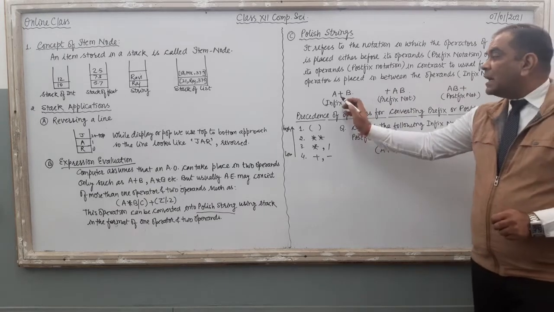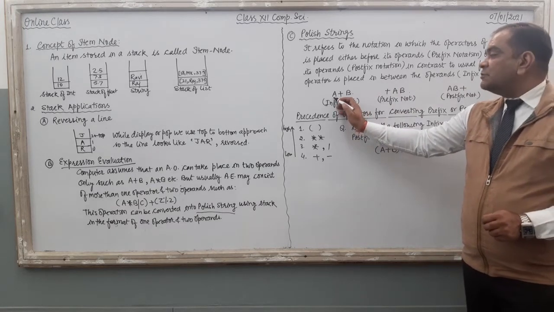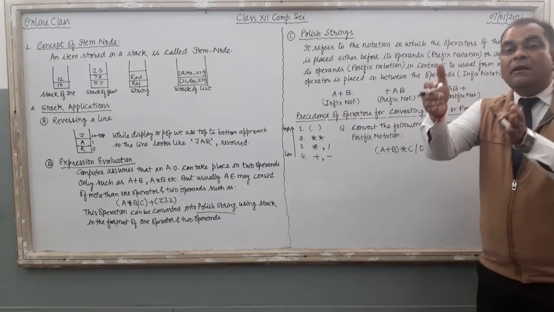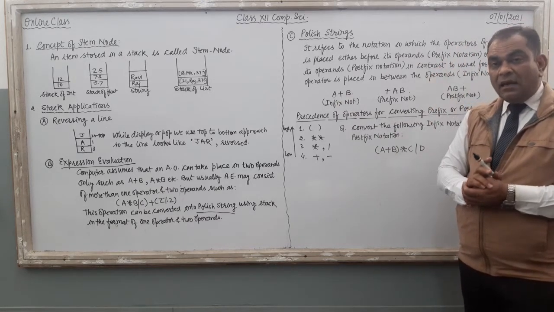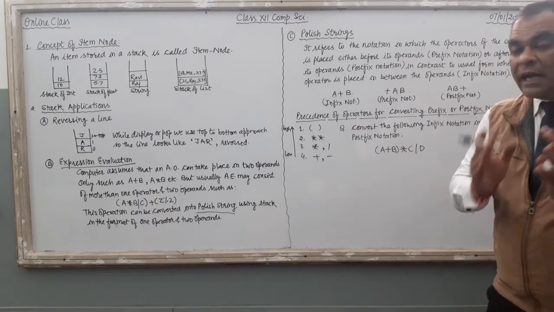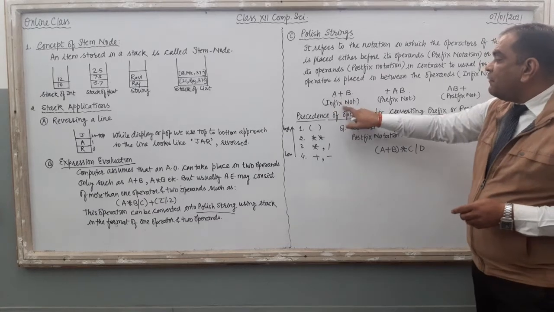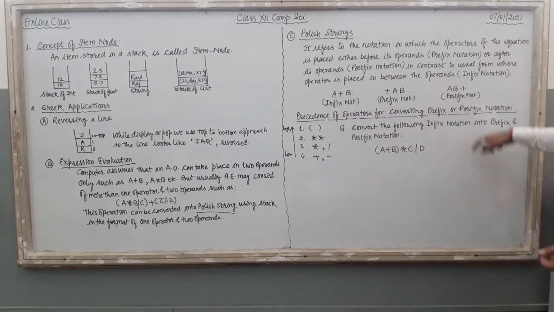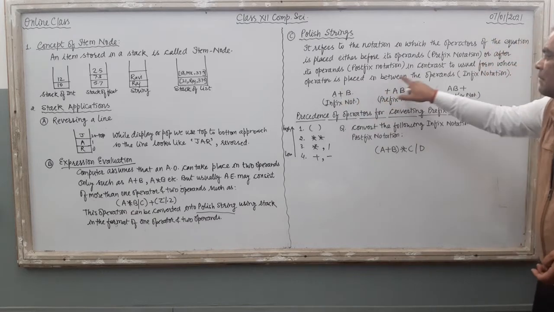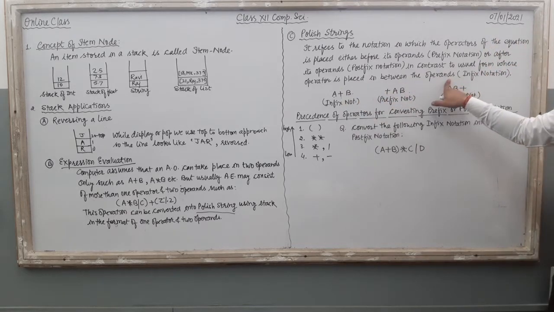Usually our normal arithmetical equation looks like this one, A plus B, where the operator is placed in between the operands. Clear? Now this equation is known as infix notation. Just see the name, infix notation. What is infix notation? Where the operator is placed in between the operands, it is known as infix notation.